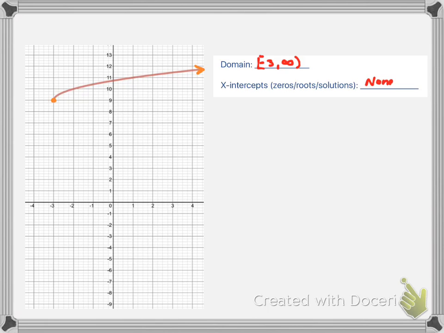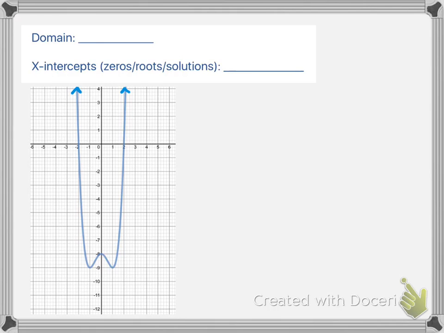Alright, so, example 3. Okay, more of the stuff that you've actually seen. Okay, these are polynomial functions, and this one happens to be a positive even. But, I want you to notice what's important here. Okay, this arrow indicates that not only is it going up, but it's going left forever.